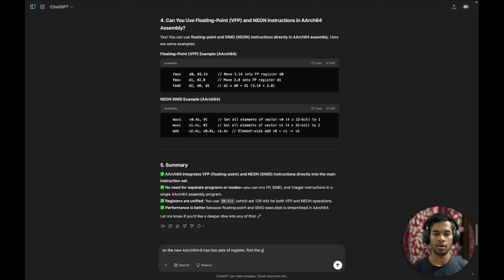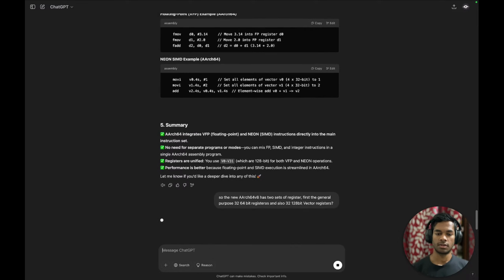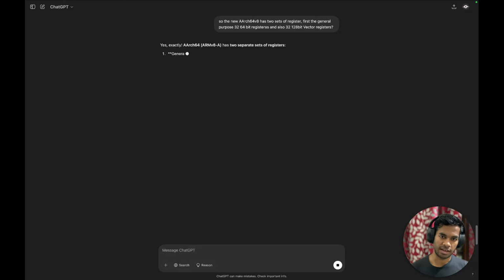First, the general purpose 32 64-bit registers, and also 32 128-bit vector registers. Is that correct? Seems to be, yes, exactly.